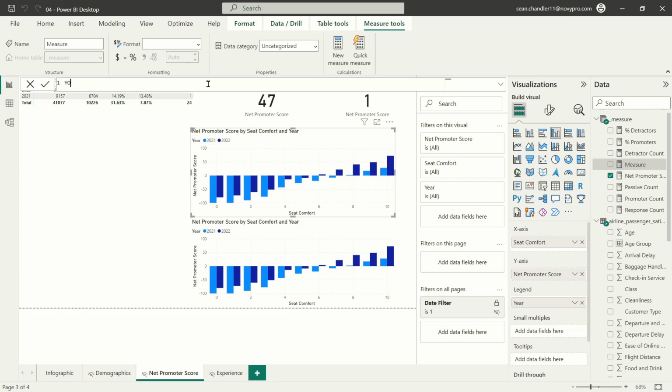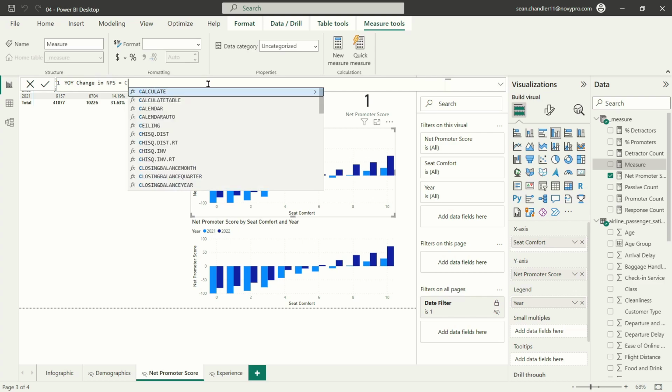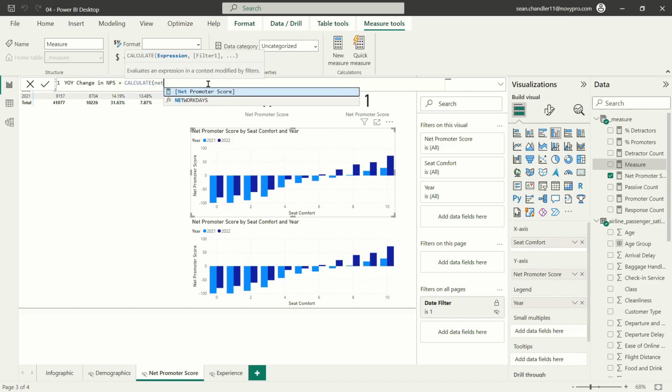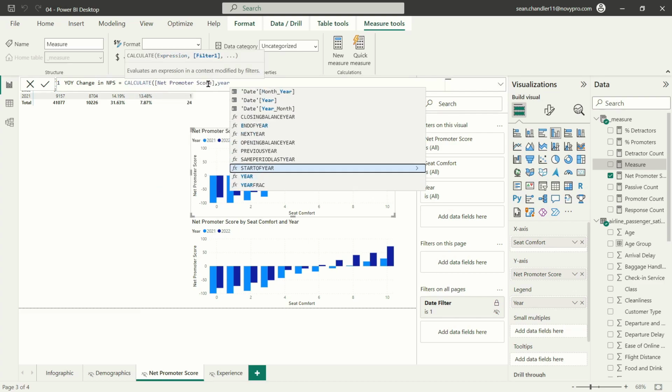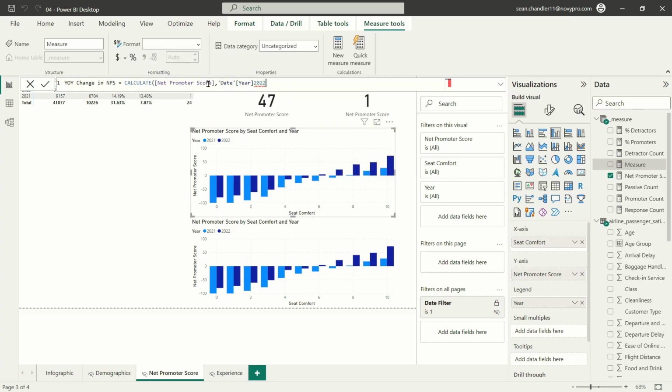So our year over year change in Net Promoter Score is just going to be a simple calculation of Net Promoter Score for 2022. So we're just calculating our Net Promoter Score for the year 2022. And from that, we're going to subtract our 2021 Net Promoter Score to get a raw NPS year over year change.